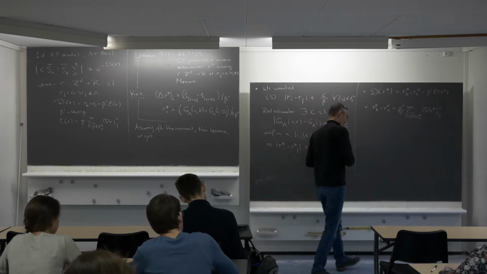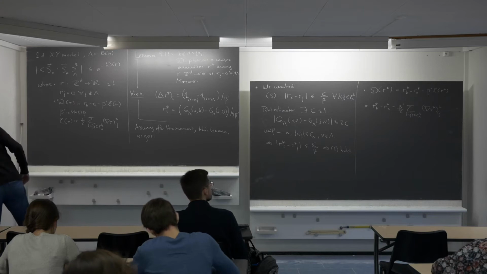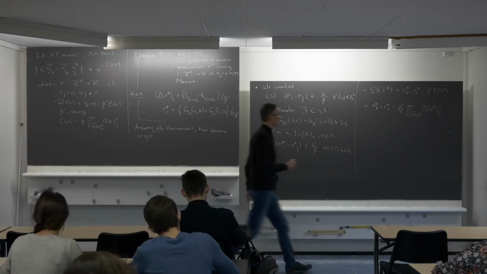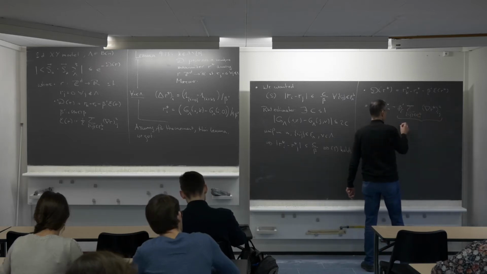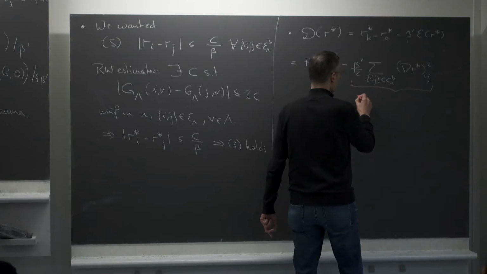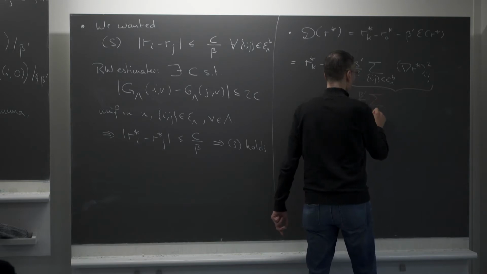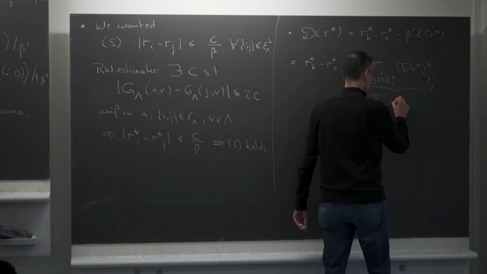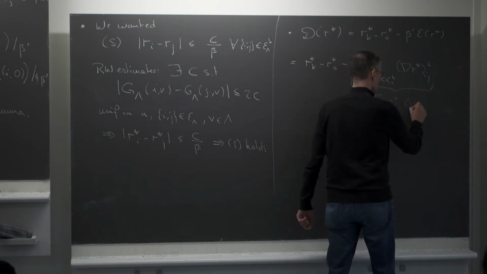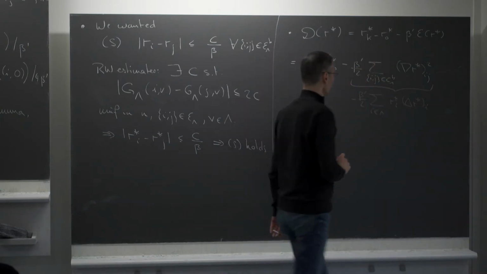And then we proceed as we do usually. So at this stage, we just make a summation by parts. So we use these discrete Green identities. So this without the minus sign. This is just, say, minus beta prime over 2, sum over all i in lambda, R star i, Laplacian R star i, plus a boundary term.